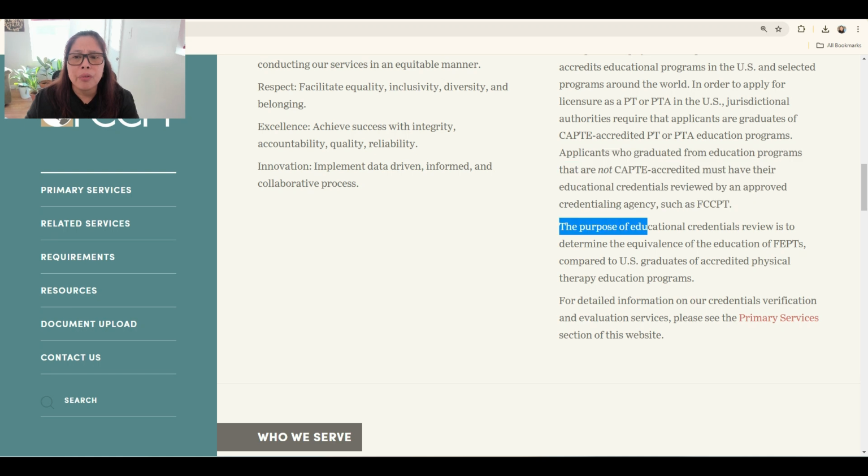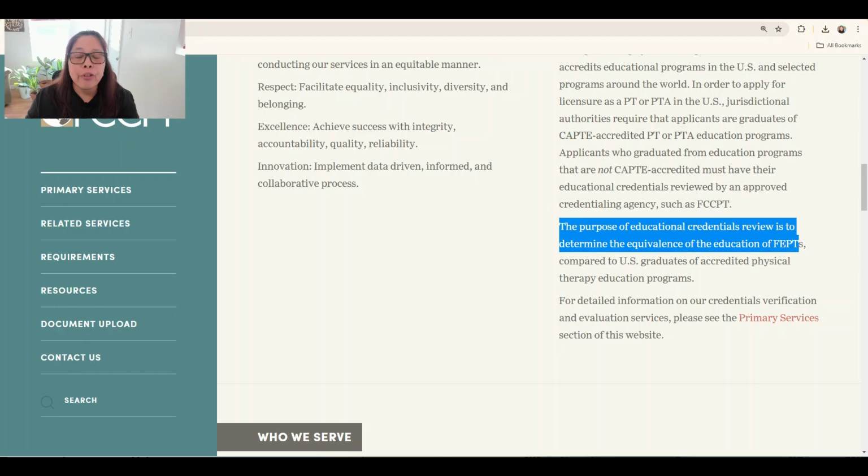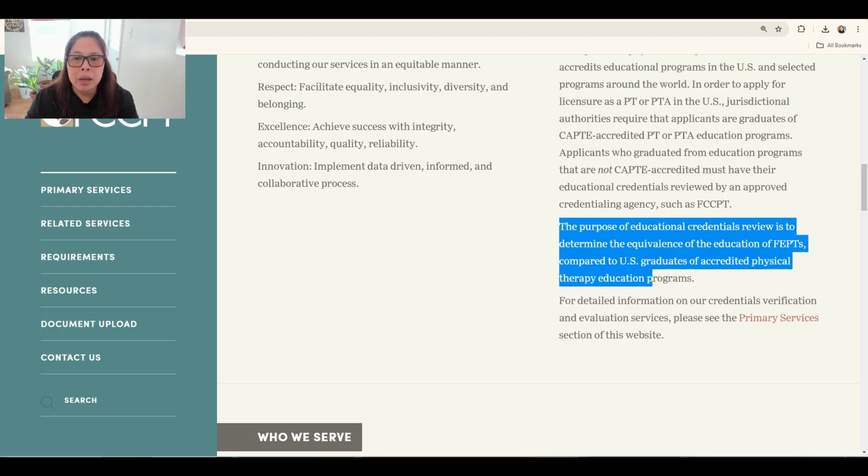The purpose of the educational credentials review is to determine the equivalence of the education of foreign educated physical therapists compared to US graduates of accredited physical therapy education programs.